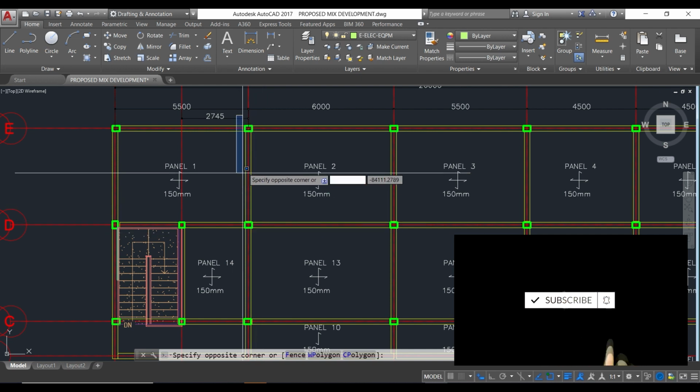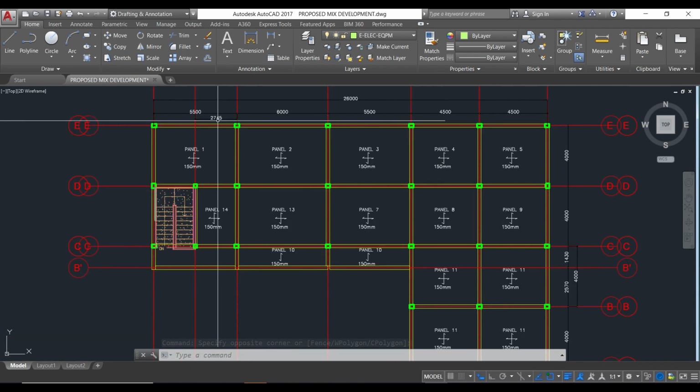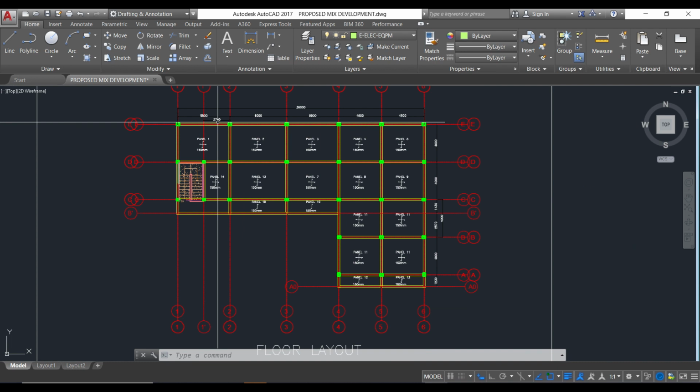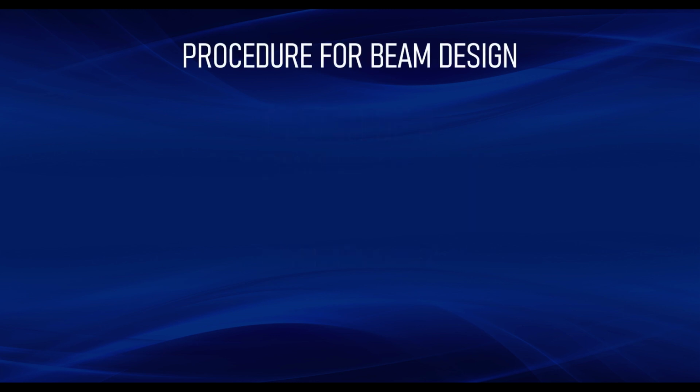But when the beam has a slab on only one side, then you can consider that kind of beam to be an L-beam. Even though it's a flanged beam, you can still have a T-beam or an L-beam.